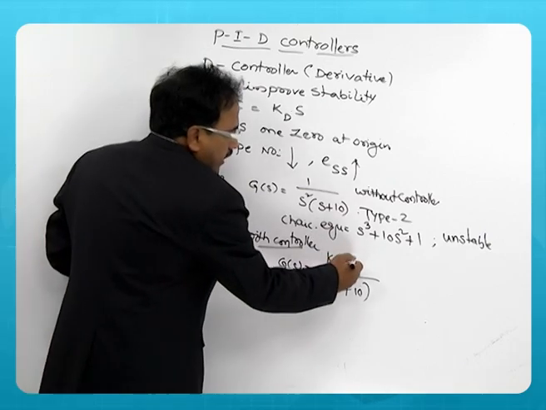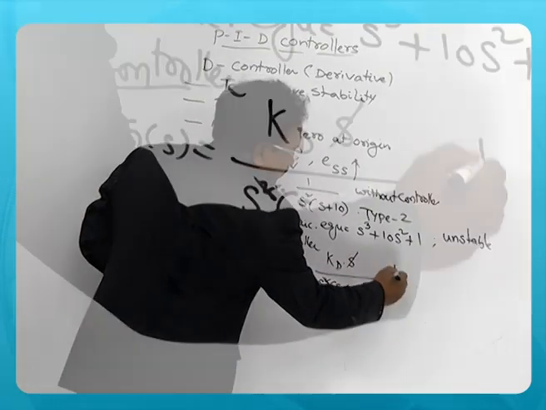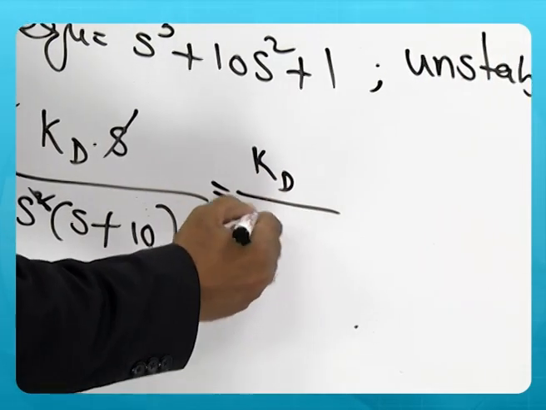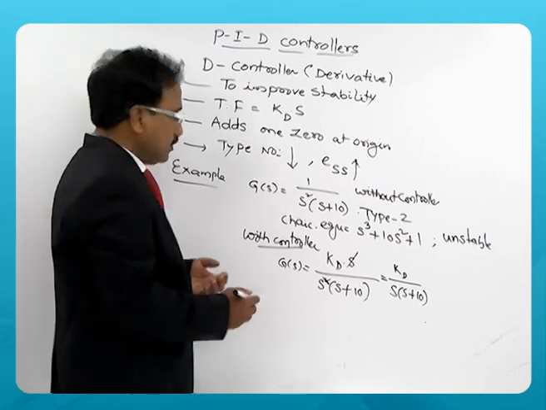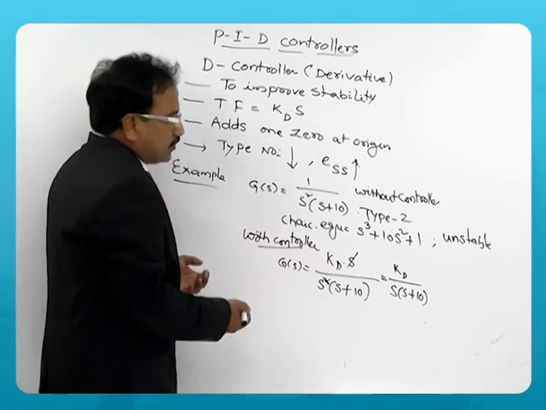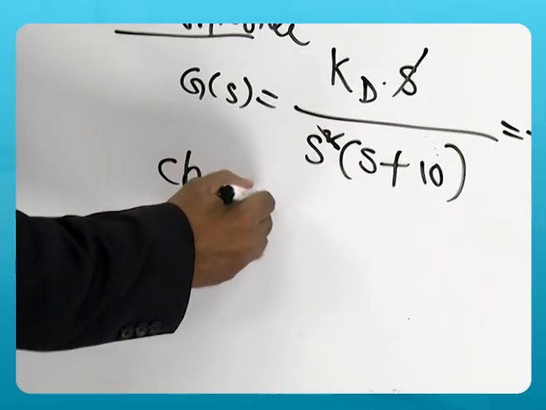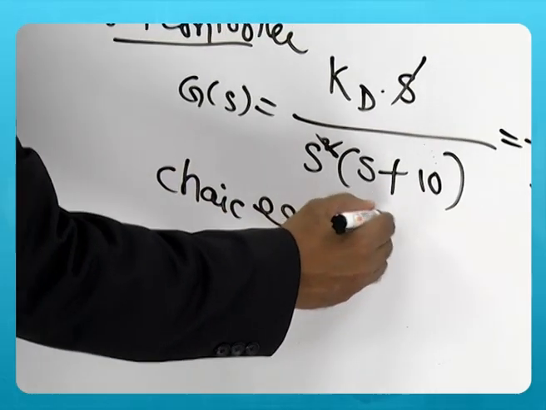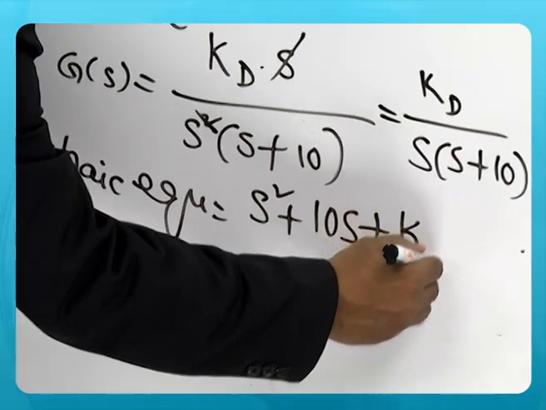So this s and s get cancelled, and this function becomes kd by s into s plus 10. So the characteristic equation of the system is s square plus 10s plus kd.